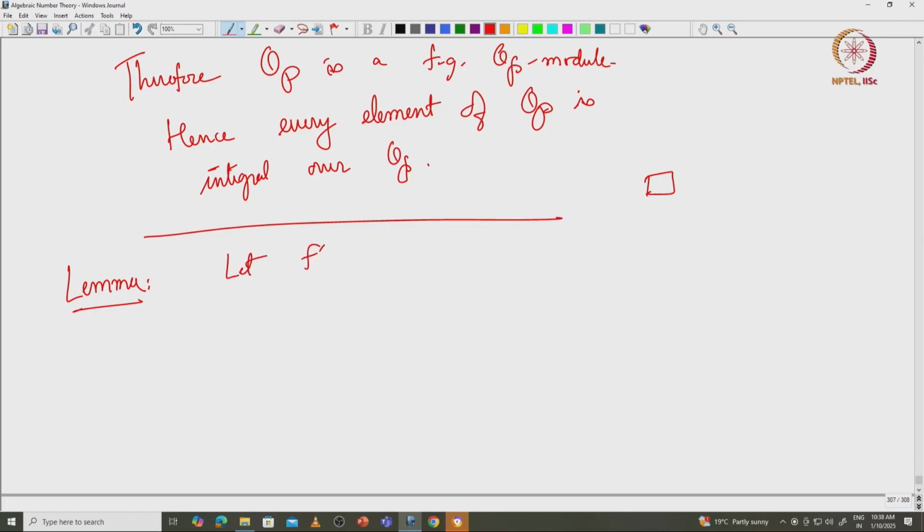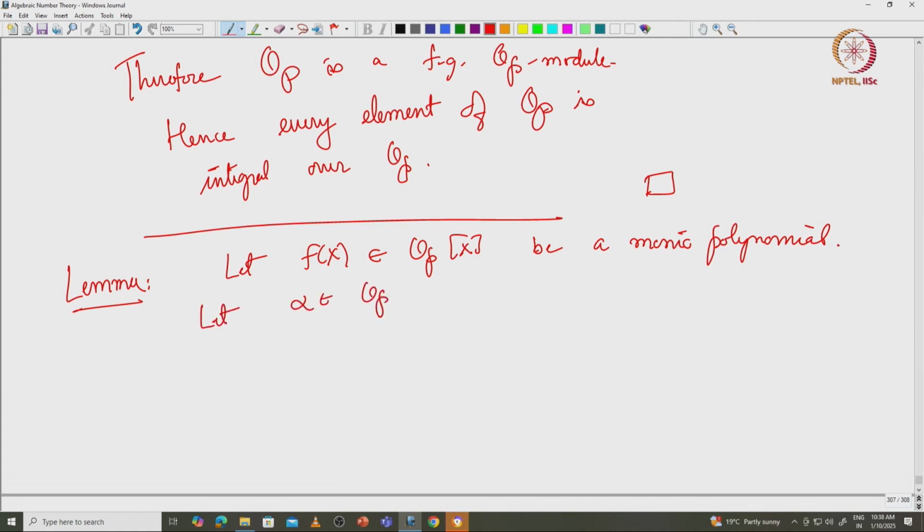So, let f of x in O_P of x be a monic polynomial. We did not have this condition before. Let alpha be in O_P such that the valuation of f of alpha is strictly less than the valuation of f prime of alpha squared.